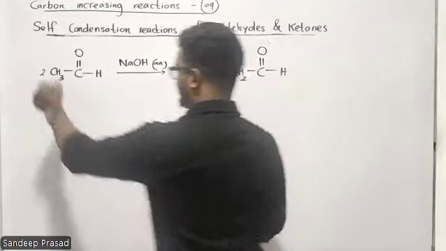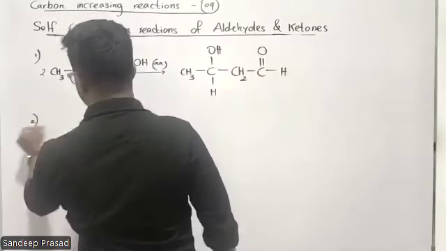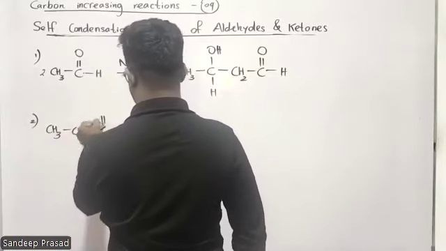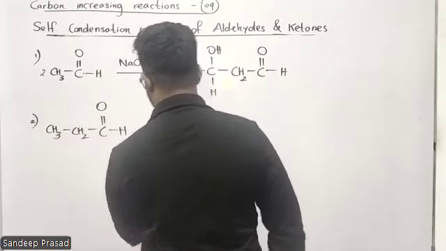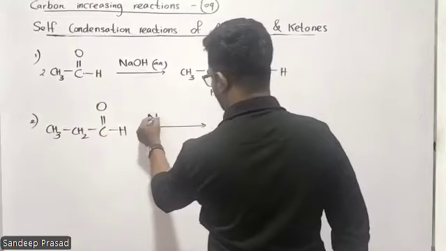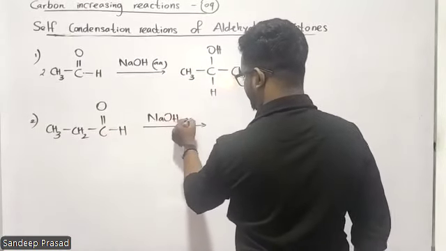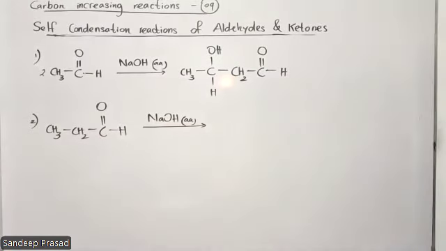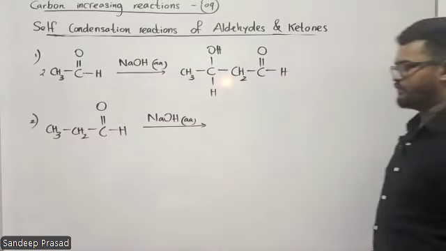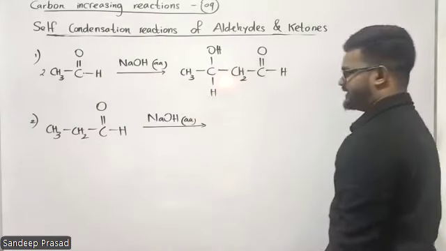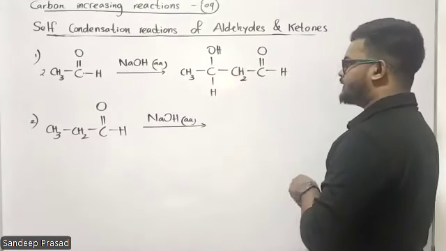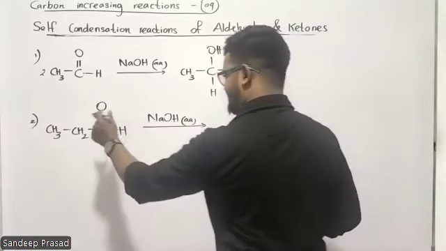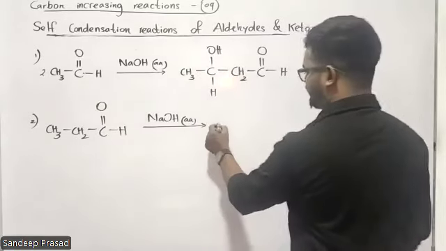Now let's go for the second example that we discussed. The second example was CH3CH2 C double bond H, propanal. I'm going to add aqueous sodium hydroxide. What did I tell you? Put the carbon hydrogen bond down.